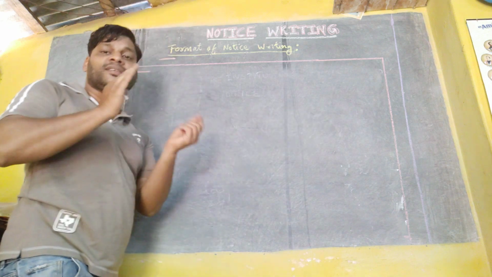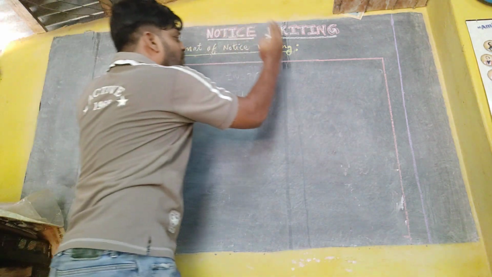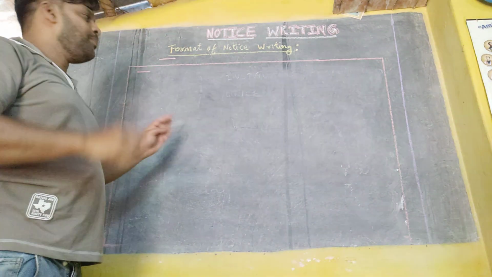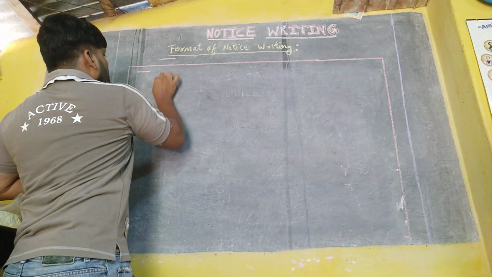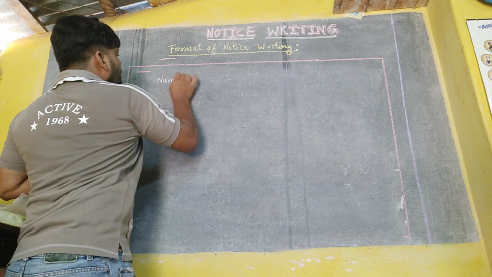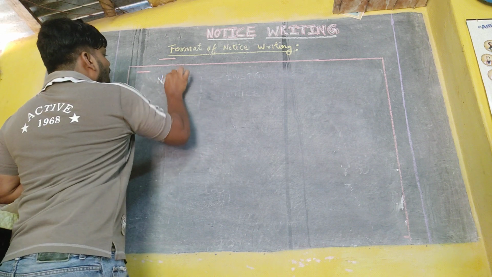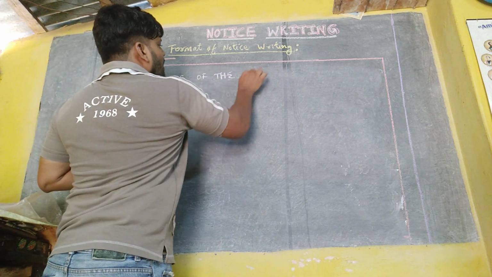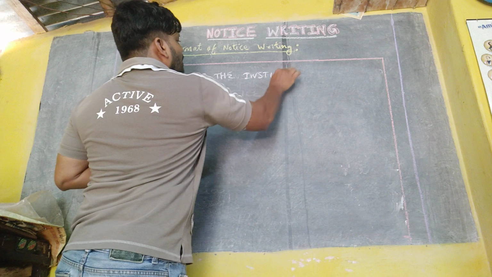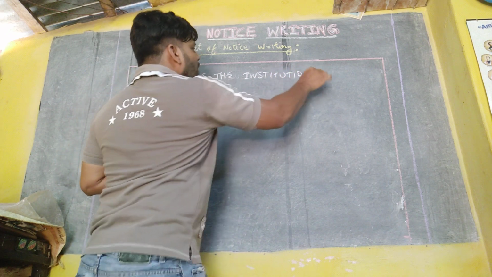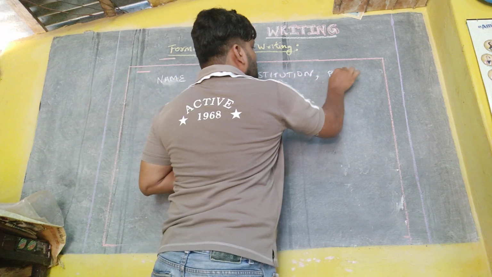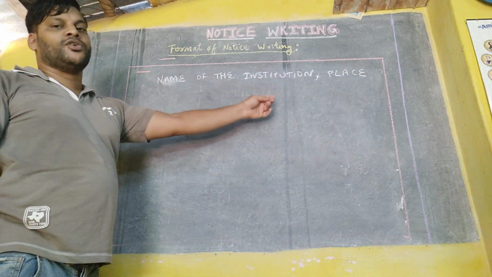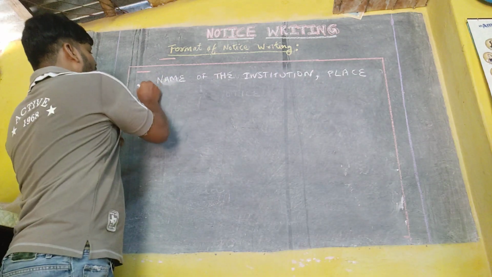So you have to write in such a way that it fits only in one line, at the center and in capital. Name of the institution, place.